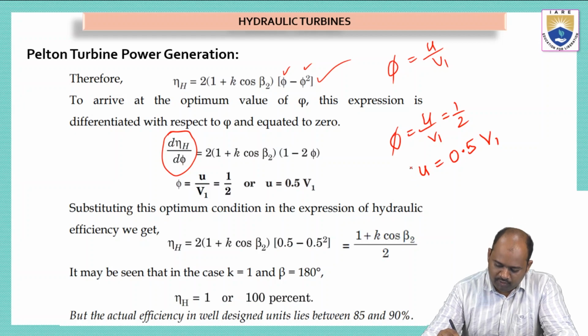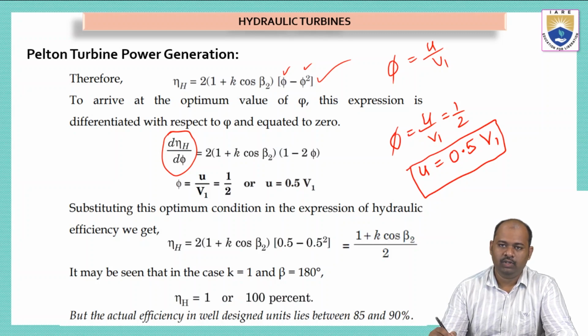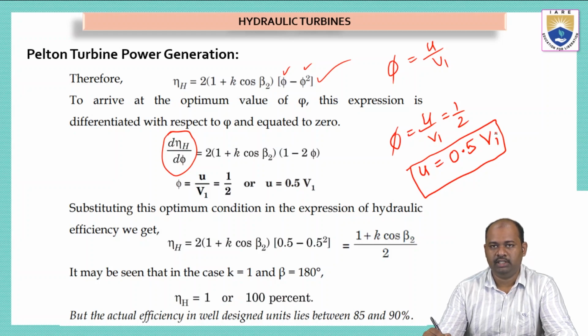So from this equation, we can understand, and we have to remember this formula: the velocity of the bucket is 1/2 of the velocity of the jet, which indicates that the force coming out of the nozzle is utilized only 50%.